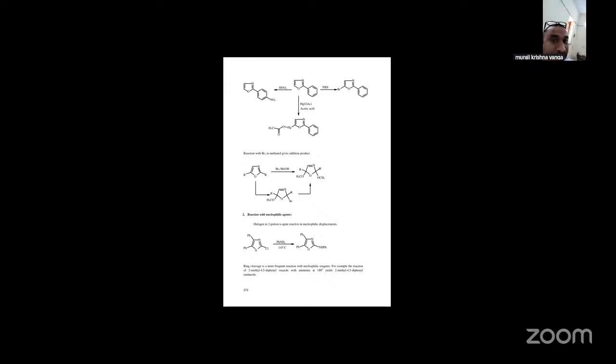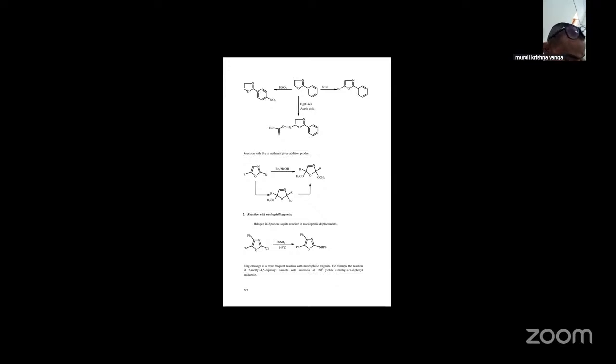Nucleophilic substitution reaction. Reaction with nucleophilic reagent: if a halogen atom is at the second position, the nucleophile displaces the halogen atom. So here, 2-chlorooxazole, when reacting with aniline, eliminates HCl and forms a secondary amine product.